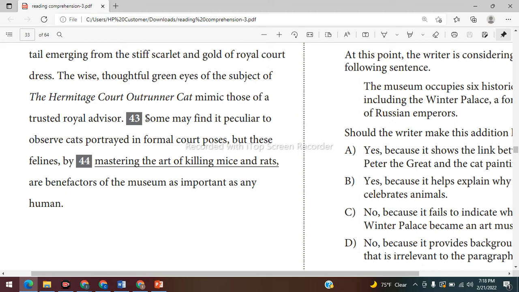Some may find it peculiar to observe cats portrayed in formal court poses, but these felines, by mastering the art of killing mice and rats, are benefactors of the museum as important as any human. All right.